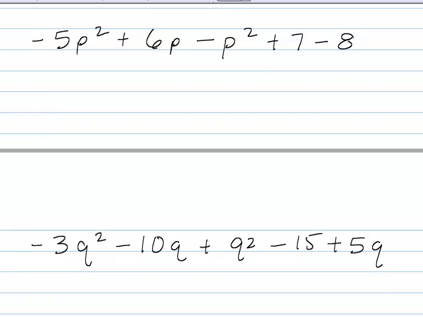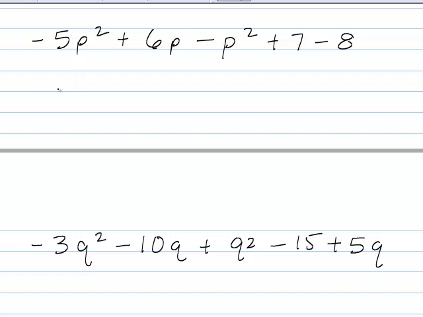All right, let's look at this one. Negative 5p squared plus 6p minus p squared plus 7 minus 8. I'm sorry, it should be minus 8p. The first thing we want to do is change all of our subtraction into addition, and then we can move things around.